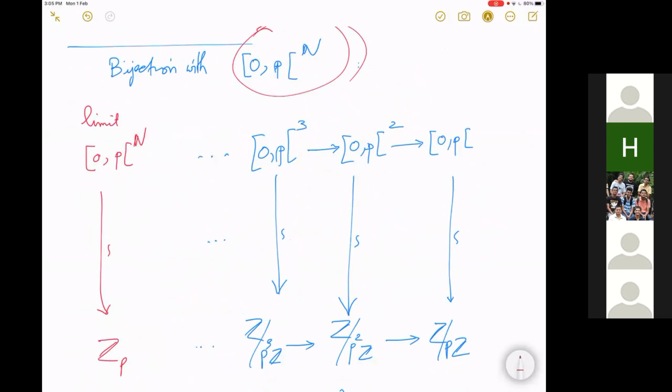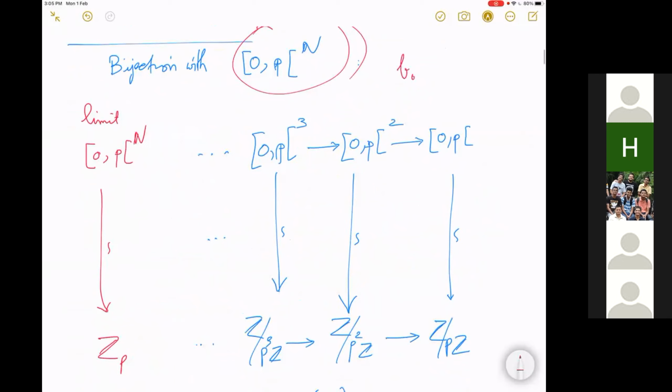So elements of this set are, of course, B0, the image of 0, B1, B2, B3, and so on, where these BI are between 0 and P minus 1.